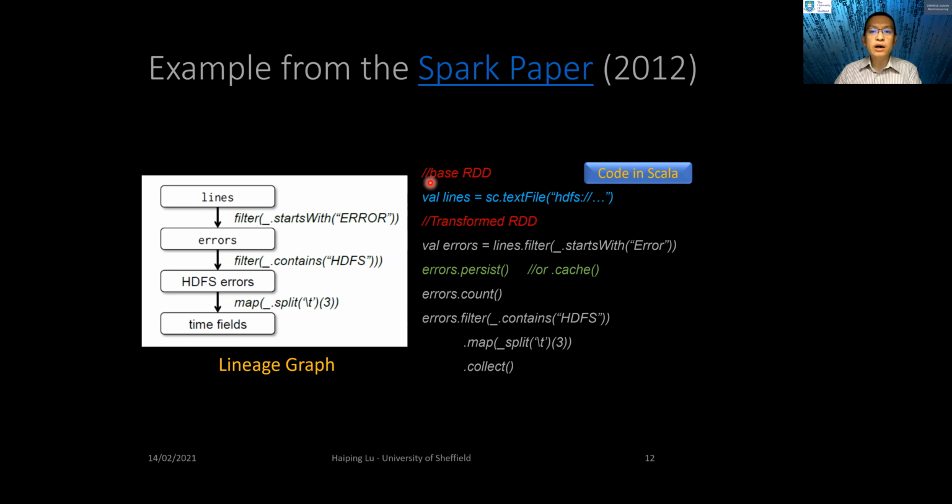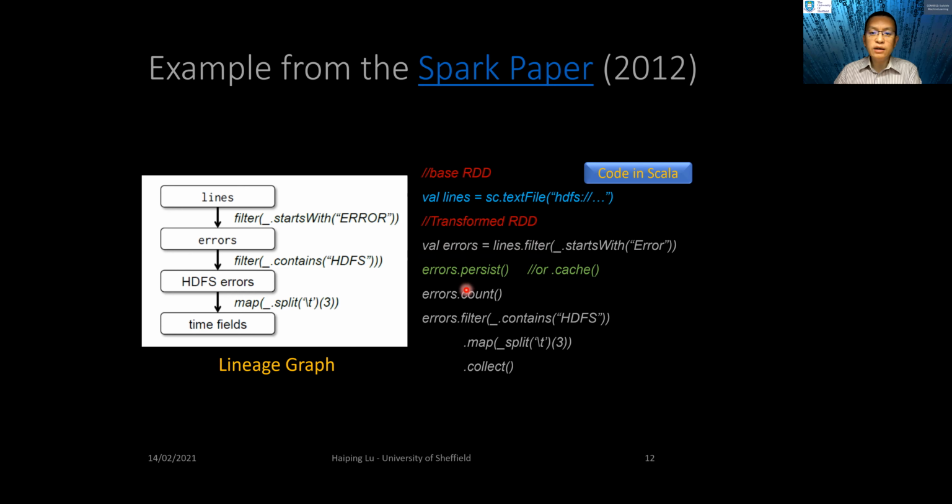It starts with a base RDD, which is created from a text file that you get from the Hadoop file system. Then through a filter transformation, we obtain a transformed RDD, the errors. Because we intend to reuse it, we do a persist, or you can also do cache.